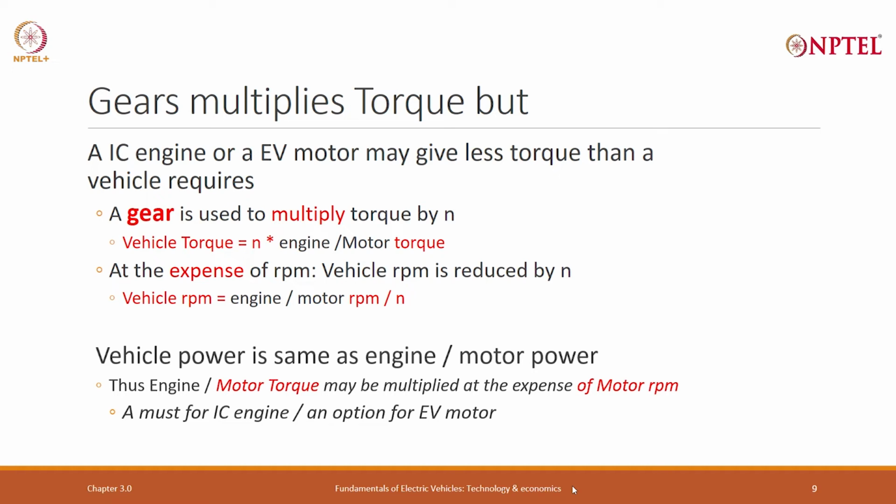In an IC engine, you have a smaller range of torque and RPM, and therefore, if you want to increase torque, you go into a lower gear. So, if you drive for example on gear 1, you get very high torque, that is what you do in the beginning. Then you come to 2, you get a little less torque, you can go to higher speed. Go to 3, now you can go to higher speed, torque is less. Go to gear 4, normally that is the way you do in a vehicle. So, you have a 4-stage gear.